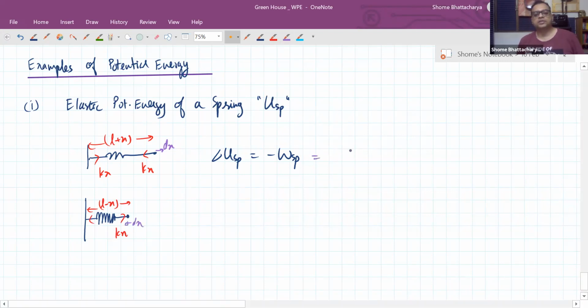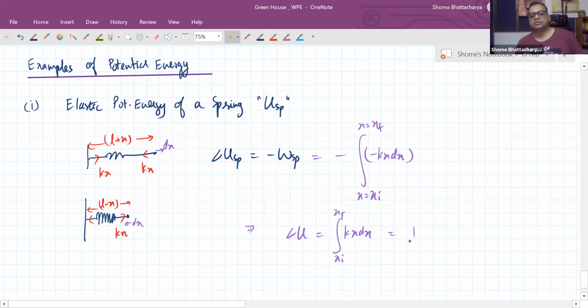Either way, this will be minus of minus kx dx, integrated from whatever the initial position to whatever the final position. So delta U will be integration of kx dx from initial to final. So that will become half k times x final square minus x initial square.